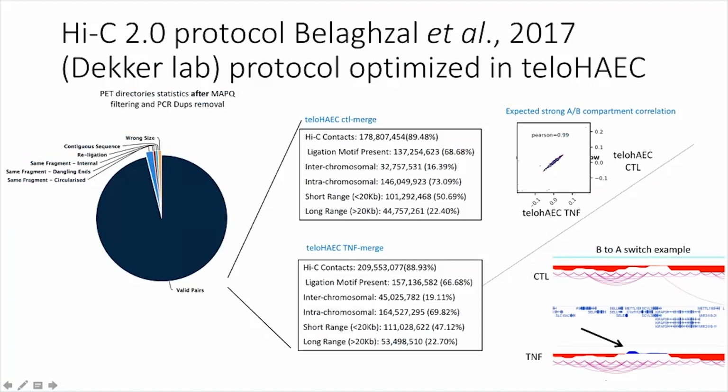And this initial data set we generated in-house to look at looping versus methylation. We had both TNF-alpha induced cells and control cells. And as expected, the TNF-alpha induction doesn't really switch chromatin compartments.